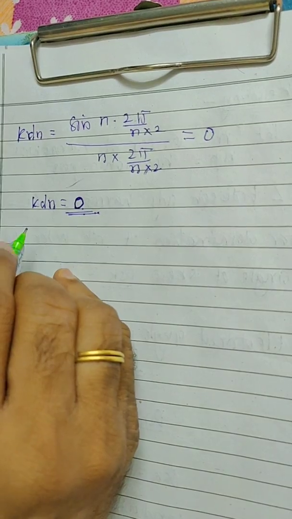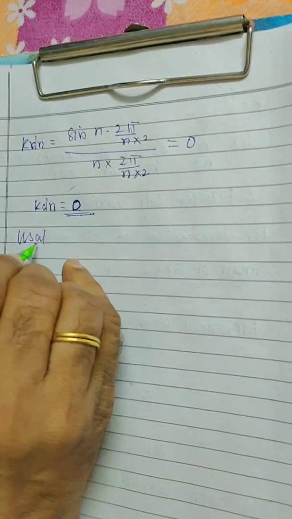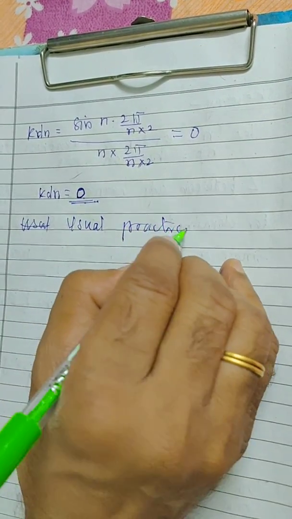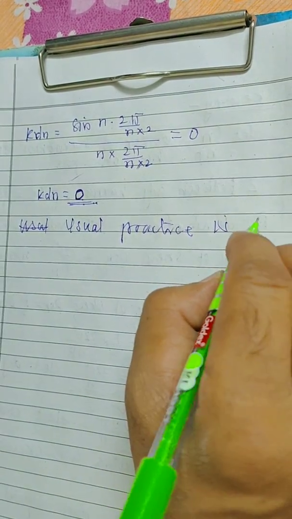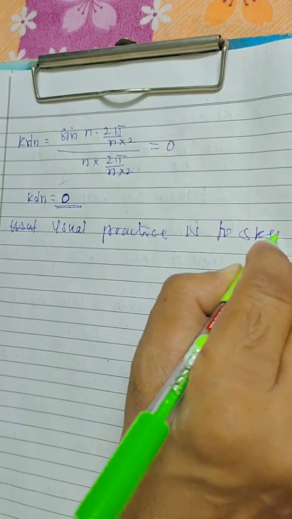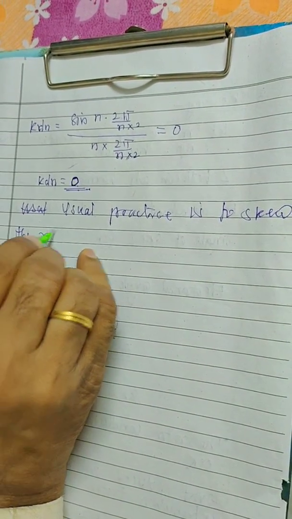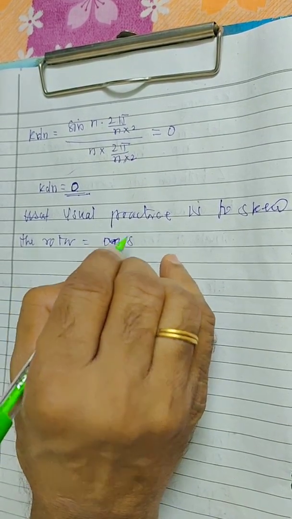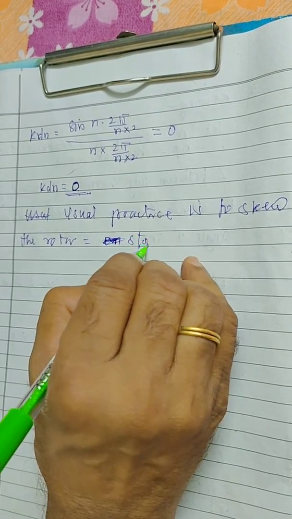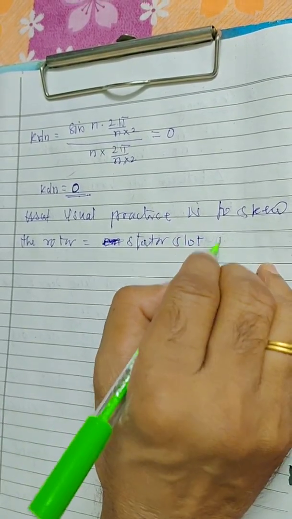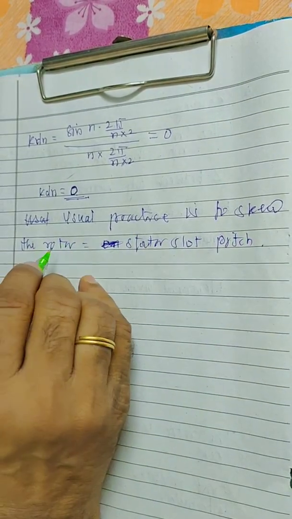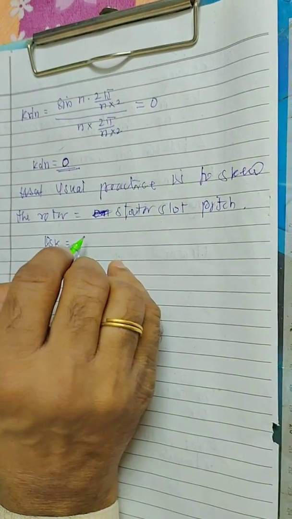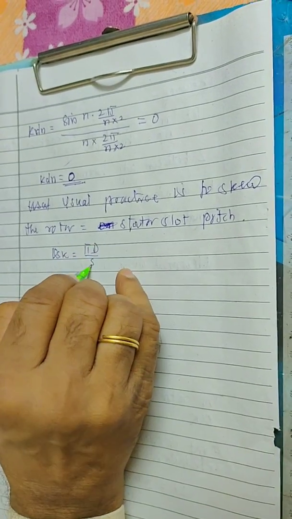But the usual practice is to skew the rotor equal to one stator slot pitch. So theta sk is equal to pi D upon Ss.